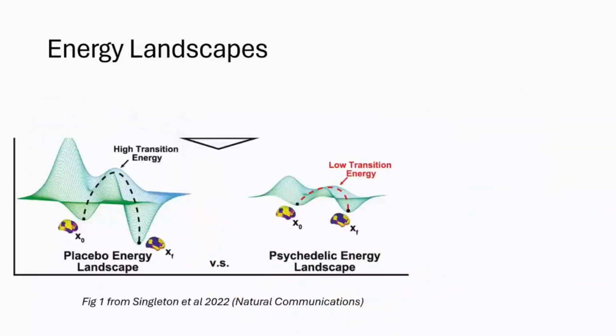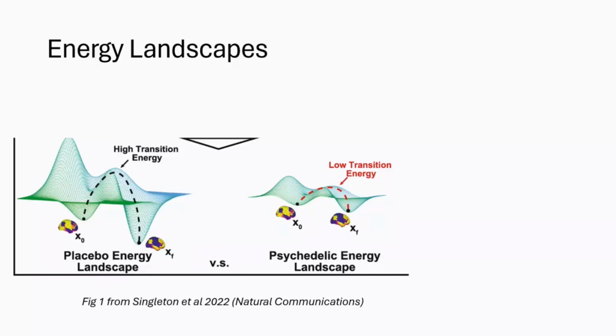And the final way that we might be able to think about this is in a little bit more of a chemical way, thinking about energy landscapes. Now this might look a little bit complicated. What I want you to imagine is that both of these little troughs here are two different beliefs or perspectives or outlooks on life. And if we start here, under the normal brain, you can see that it might be quite difficult to get out of there, move over this little ridge, and then move into this new mindset.